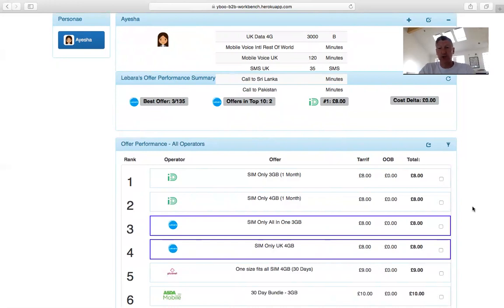So sometimes when ID Mobile's number 1, they are the cheapest cost, and there's a competing operator, ID will be at the top. When somebody else does that, the competing operator will be at the top. So we don't favour any particular operator. We display the results in a random order, and it could well be that the next time we run the machine, Lebara is actually higher up than ID. It's not sorted in alphabetical order, and it's not done for any logical reason.